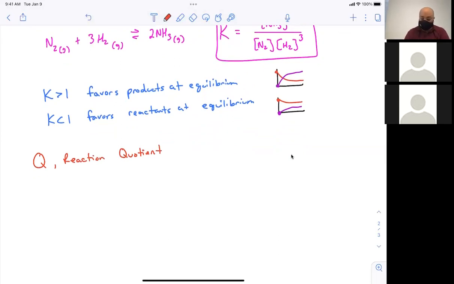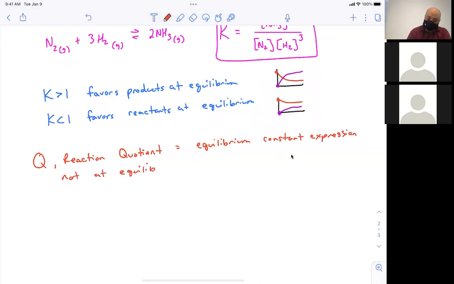Okay, so Q is, for lack of better terms, the equilibrium constant expression not at equilibrium. It's the same exact expression, but now your values aren't at equilibrium. So what this does is it determines the direction needed to reach equilibrium.